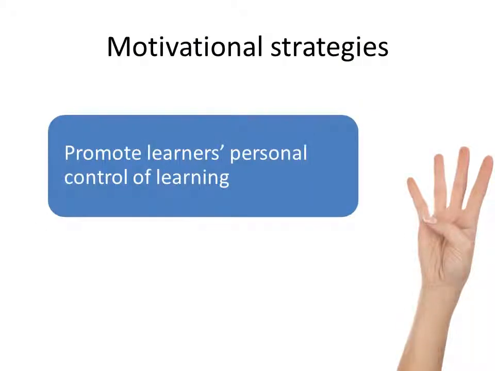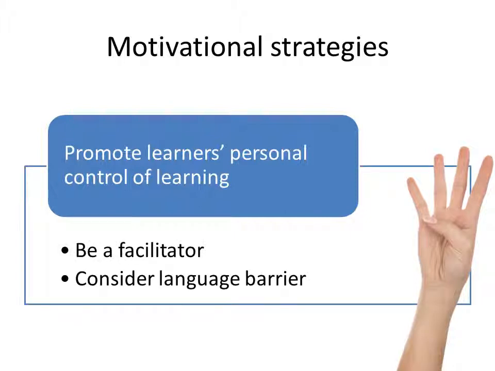The fourth motivational strategy is to promote the learner's personal control of learning. A faculty or a teacher must be a facilitator and also consider the language barrier of the learners. Many of our students, English is not their first language, and they struggle with the lectures from many faculty.